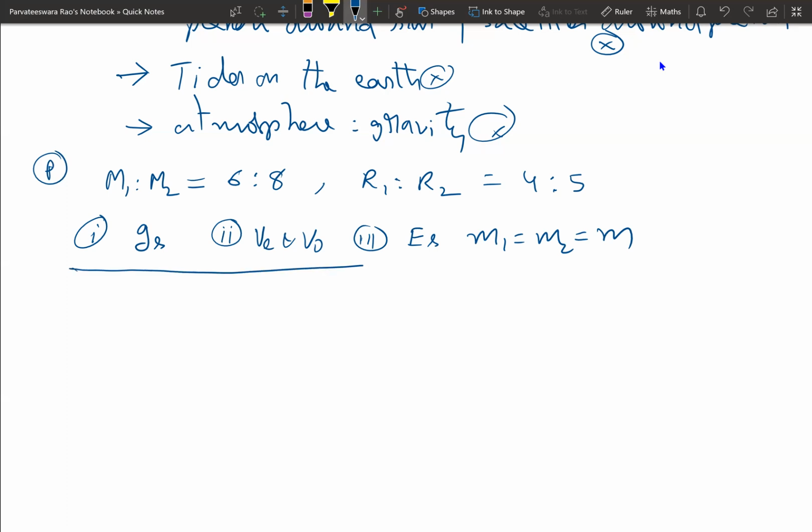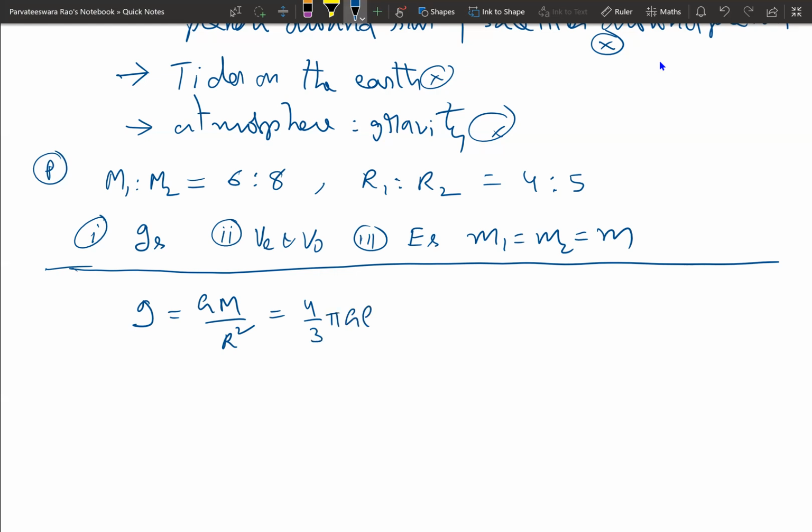So for this, I'll be giving you few concepts. Let us start with g is equal to GM by R square. And even I gave you 4/3 pi G rho R, correct? Yes or no? Yes, sir.